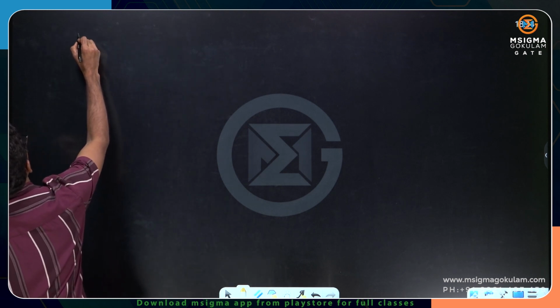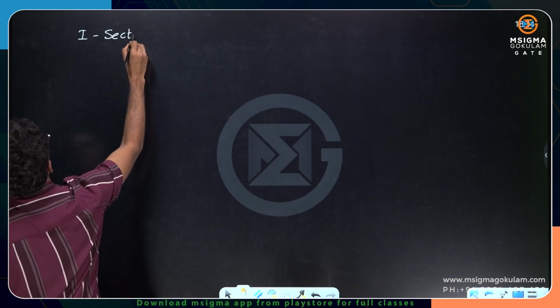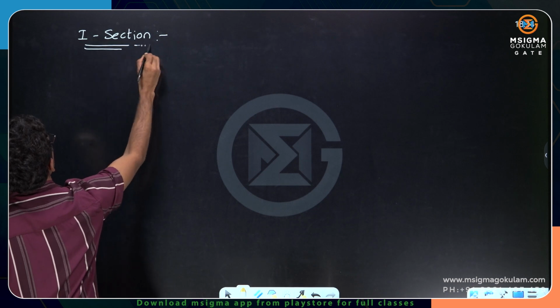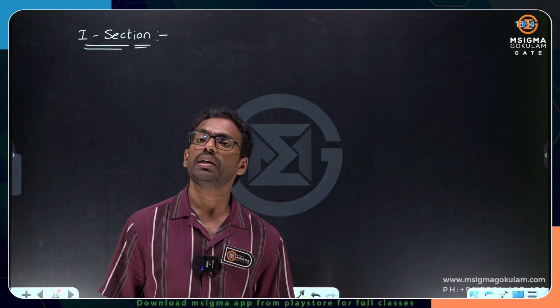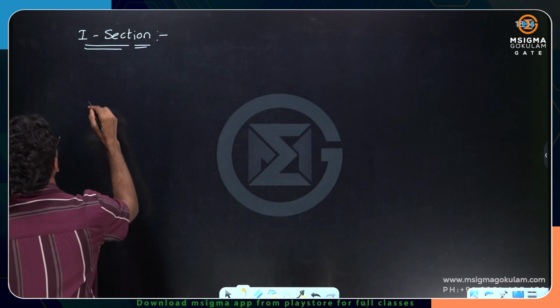So first one we are talking about is I section, Indian standard rolled steel I section. This is a very important section. The very important advantage of I section is that when I draw the I section, look here carefully.